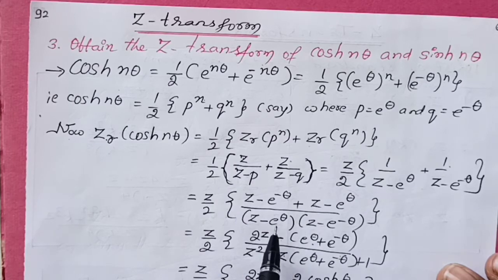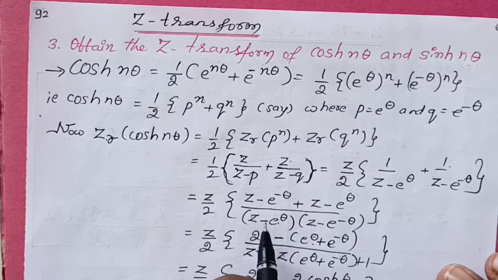Next, z into e raised to minus theta, so it is minus z e raised to minus theta; z I have taken common here. Next, here one more z into e raised to theta, so which is minus.